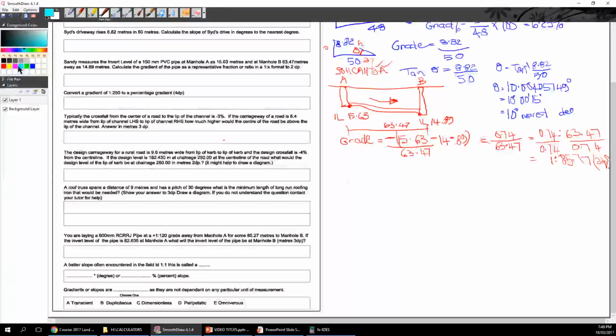Draw it in red. Okay, so here's, might just start a bit lower down than that. So here's typically our curb and channel, looks like that, and we have one on each side of the road.